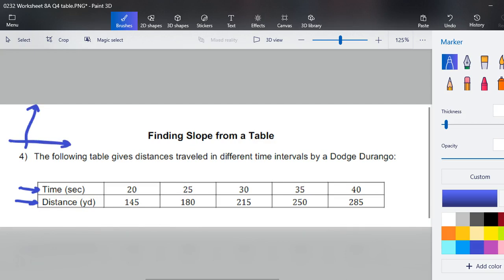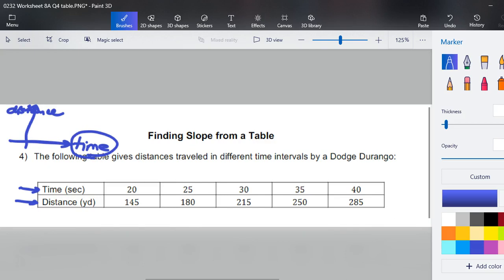And very often, we can't say always, time is going to be what ends up on your x-axis, and your time is independent, and then it generates the dependent distance.